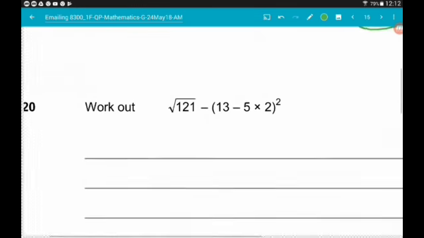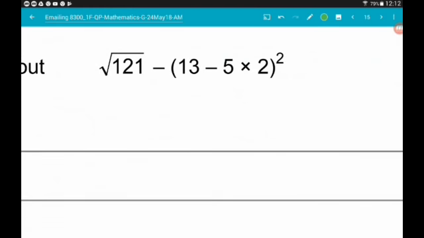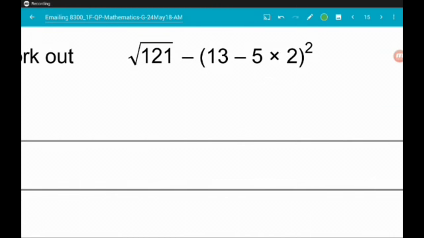Question 20 wants us to work out the square root of 121 minus 13 minus 5 times 2 squared. So this is big maths. We should do the stuff inside of the brackets first. And inside the brackets, we need to do that multiplication first of all.